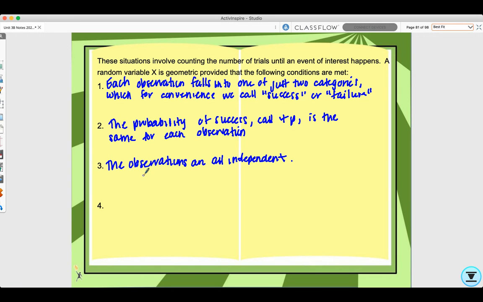Four, the variable of interest is the number of trials required to obtain the first success.